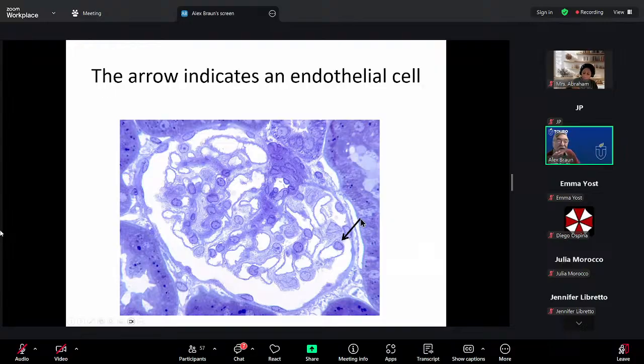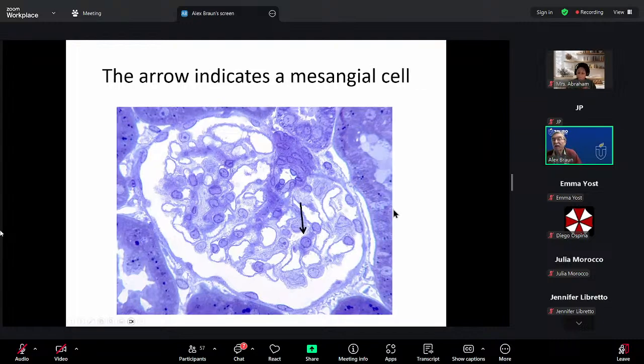So on a plastic section, you could see quite nicely some of these structures that are normal parts of a glomerular capillary tuft, and you see their relationship even better than on H&E. And this is what would actually be done in a real kidney biopsy for glomerular disease. Here's another arrow pointing towards a cell which seems to be in the interstitial space between capillary loops.